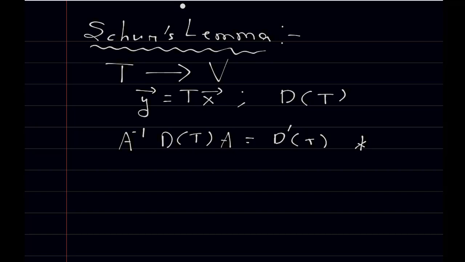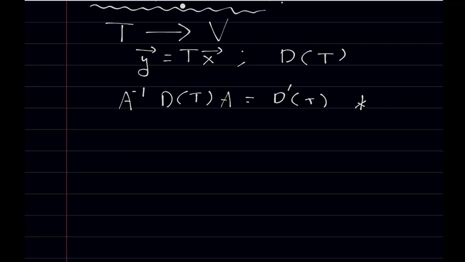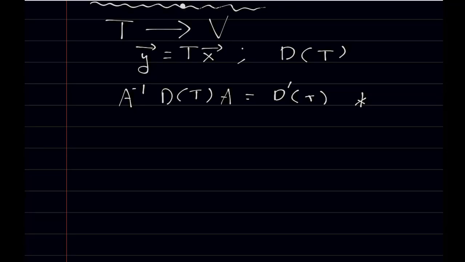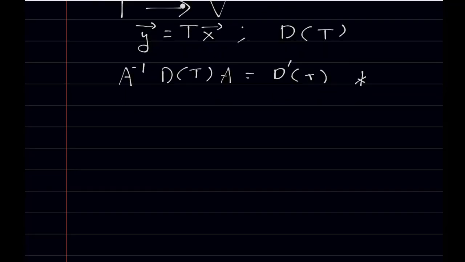Now not only do you have to keep the similarity transformation in mind, but you also need to keep in mind that you studied reducible and irreducible representations. So if D of T, the representation for group operator T, turns out to be reducible, then you can always find a representation of T in a different basis, such that if it is completely reducible, you will find reducible representations in this way.